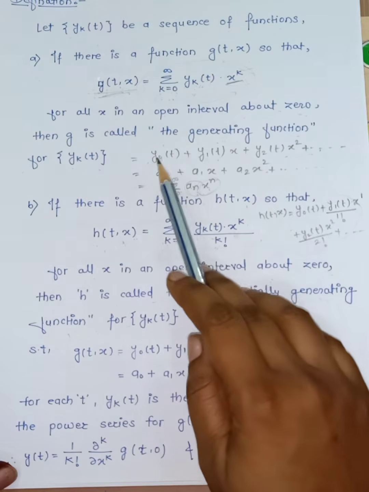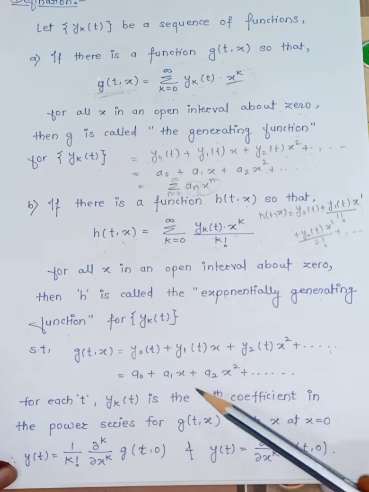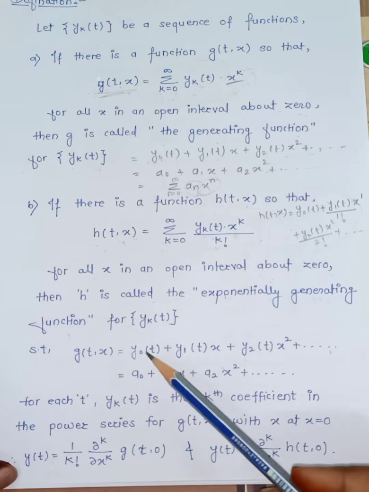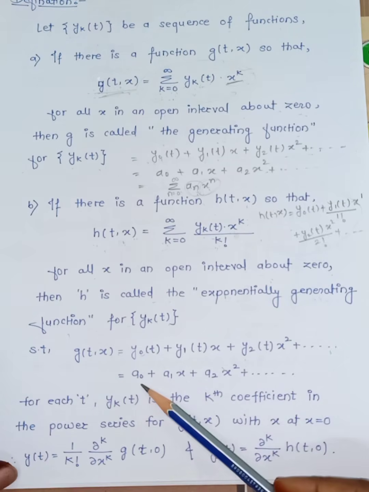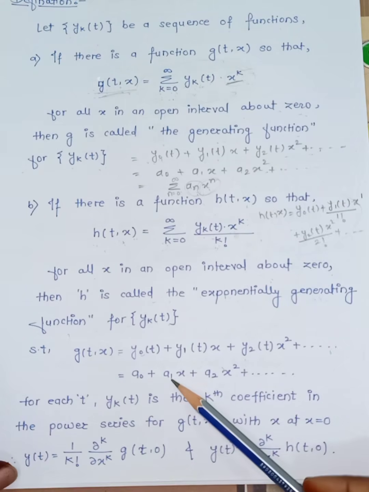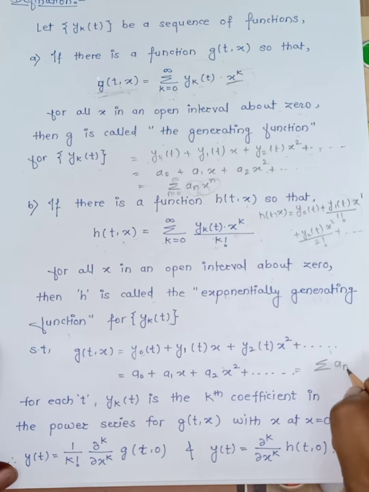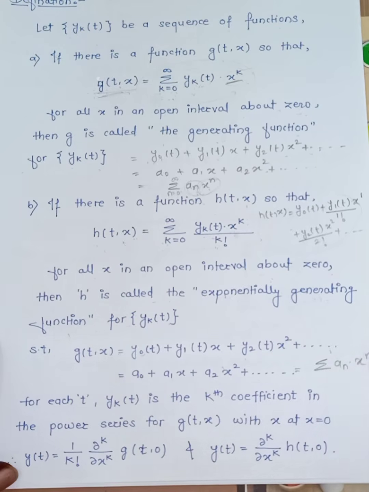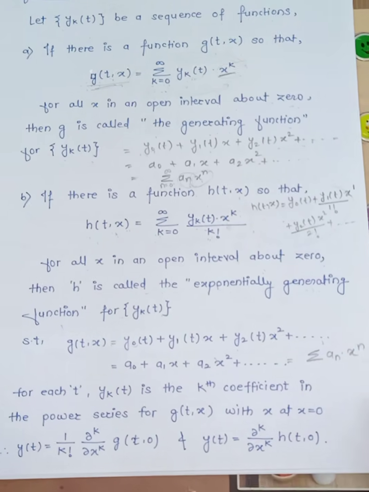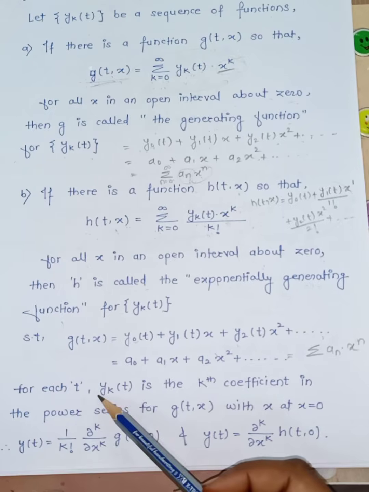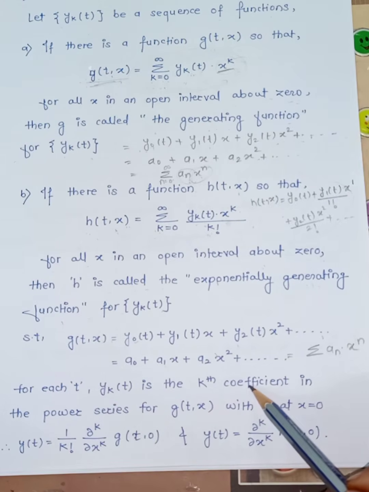Here, as we saw, y0 of t, y1 of t are the same as what we have written here. Okay, so this we can write in this form: a0 plus a1 x plus a2 x square, and this can also be written as summation a_n into x to the power n. Now for each t, y_k of t is the kth coefficient.